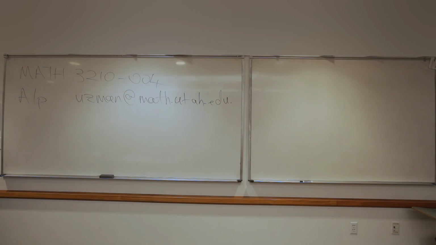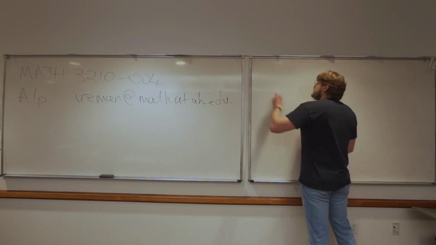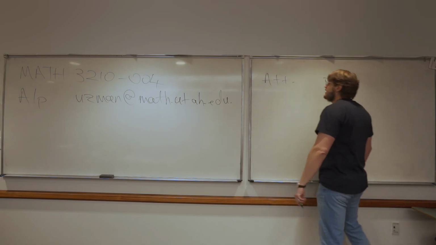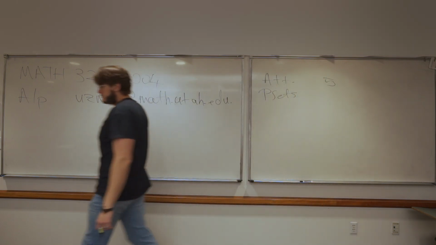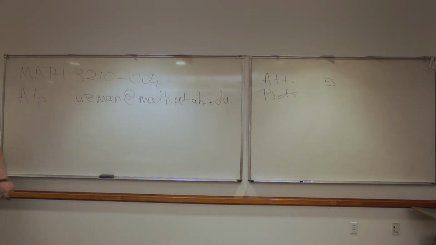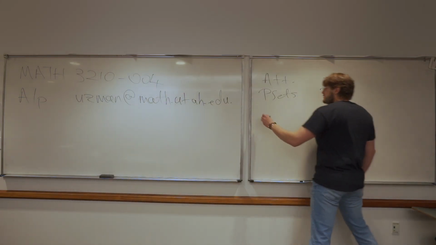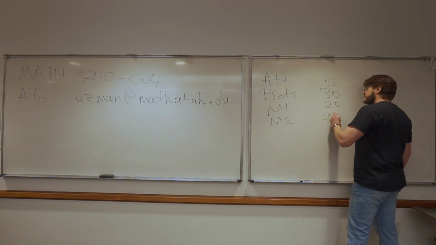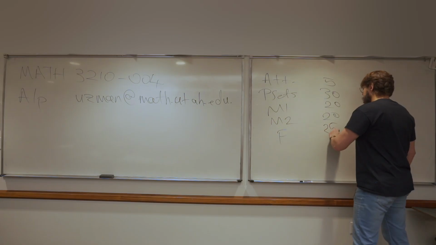Let me write down the grading scheme. Attendance, 5%, problem sets, 30%, midterm 1, midterm 2, they are both 20%, and then the final is the remainder, which I think is 25.